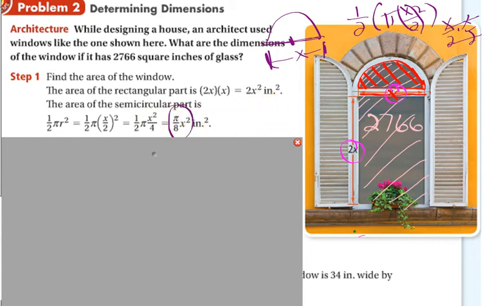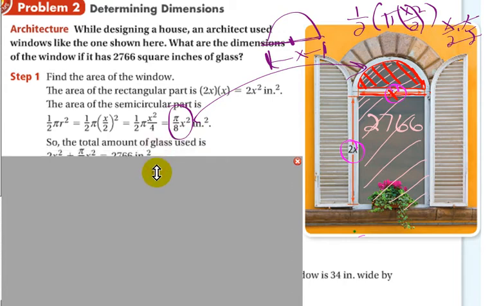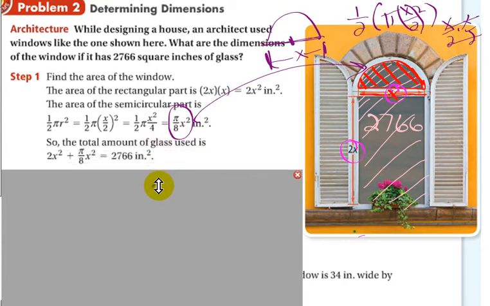Okay, so that's the area of the circle. So if the bottom we said is 2x squared and the half circle is pi over 8 x squared, we can now write an equation. 2x squared plus pi over 8 x squared is equal to, and they told us by definition, 2,766 inches squared.